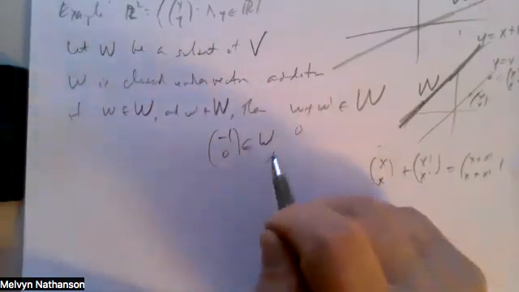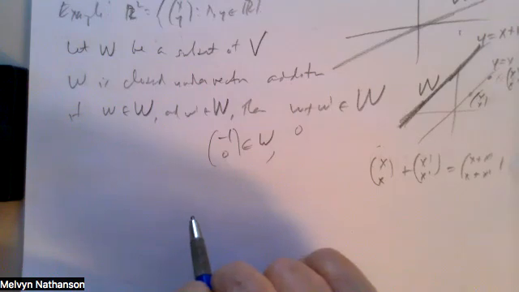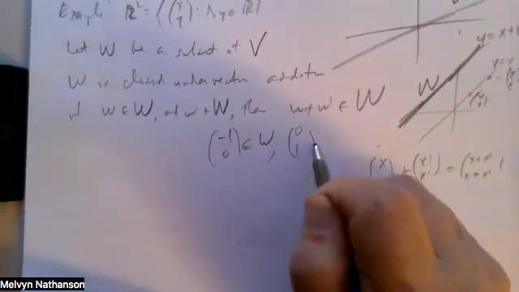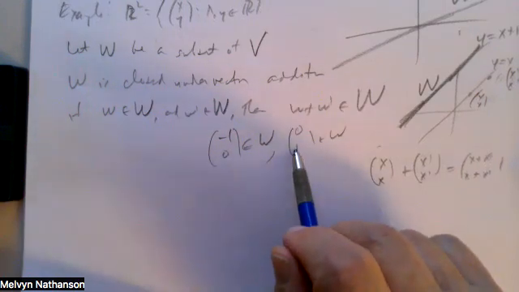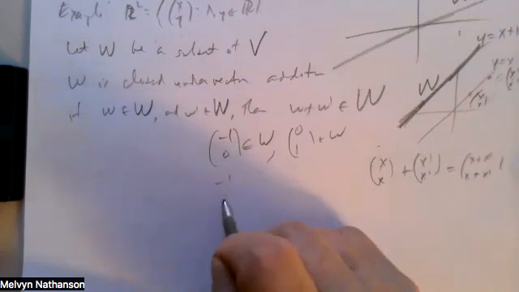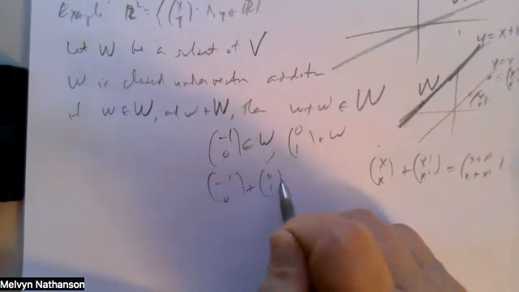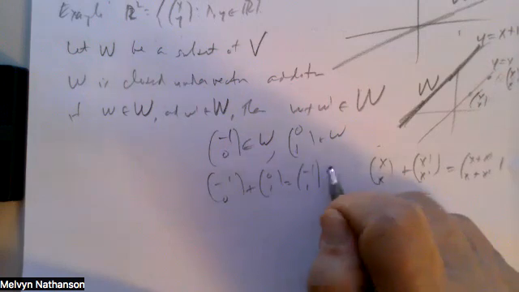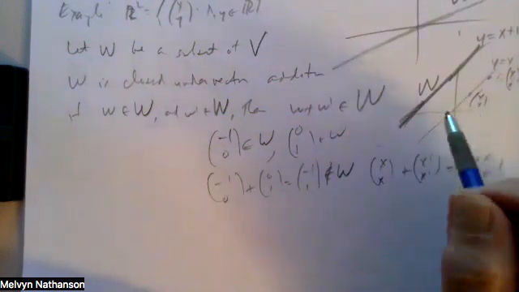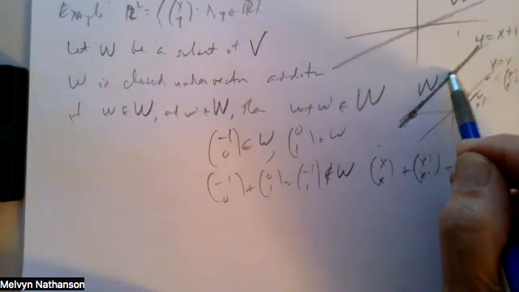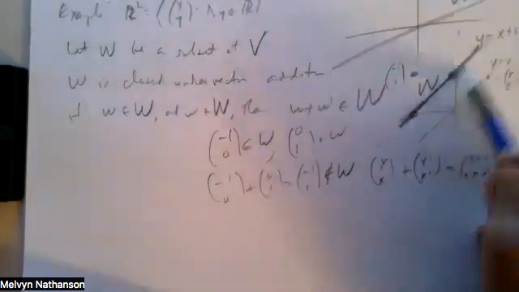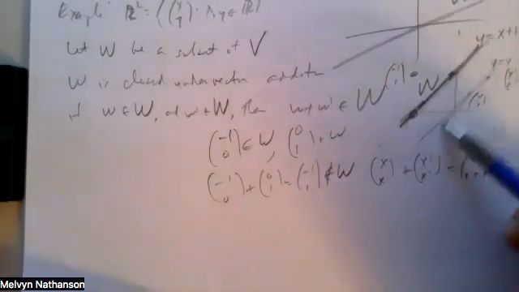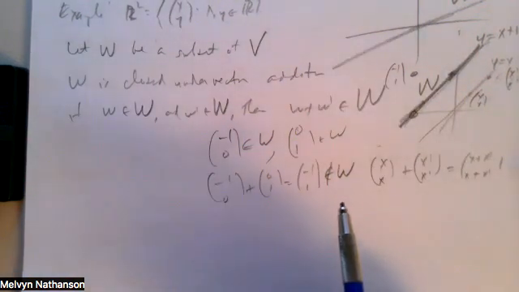And (0, 1) is in W because 0 plus 1 is 1. But if I add them, (minus 1, 0) plus (0, 1), I get (minus 1, 1). And this is not in W. I take this vector and this vector, and I add them, I get something over there, (minus 1, 1). It's not on this line W. So this W is not closed under vector addition. This line is closed under vector addition.